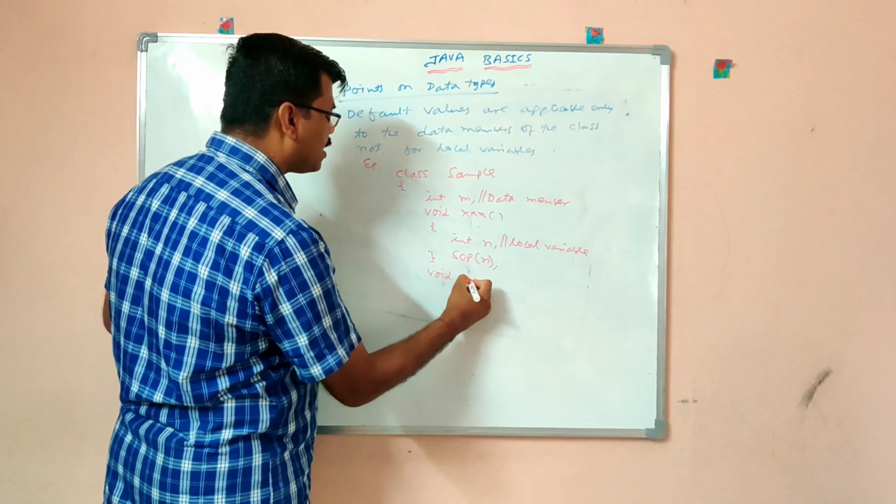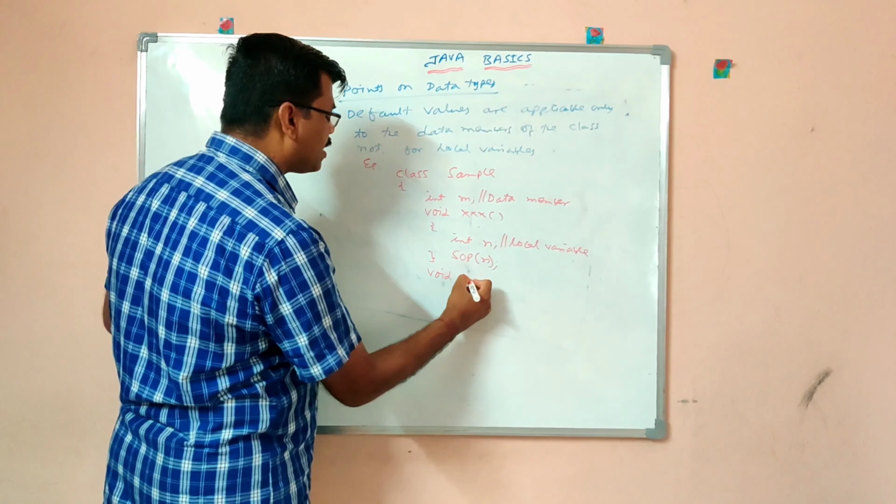So when you take a local variable and try to use it either for printing or processing purpose, it's going to display an error. And the message will be like local variable need to be initialized. The meaning is we have to say int n = 10. So we have to give some value to the local variable before using it. It's a rule of Java syntax.